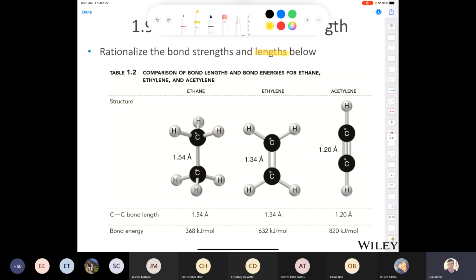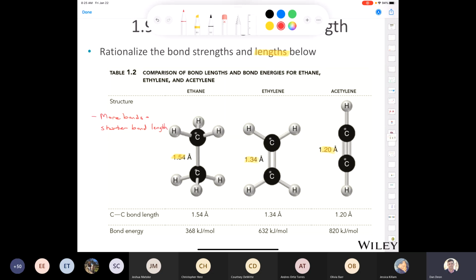We go from 1.54 angstroms to 1.34 and to 1.20. And so the conclusion that we would draw here is that the more bonds there are between two carbons, the shorter the bond length will be. We could write that down. More bonds equals shorter bond length. The more bonds we have, the shorter the length.